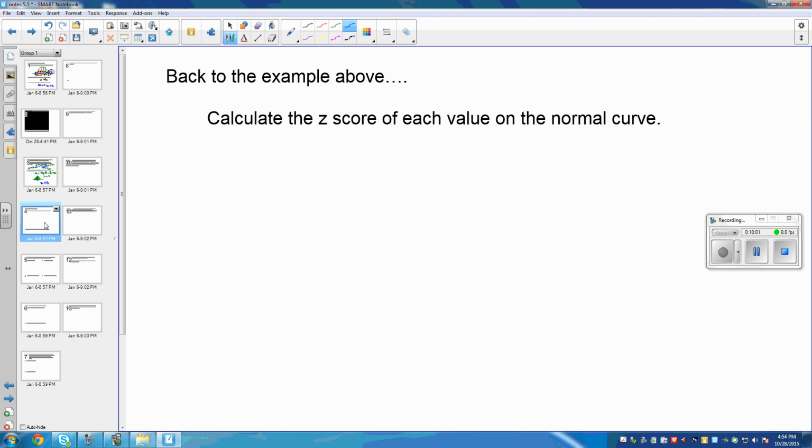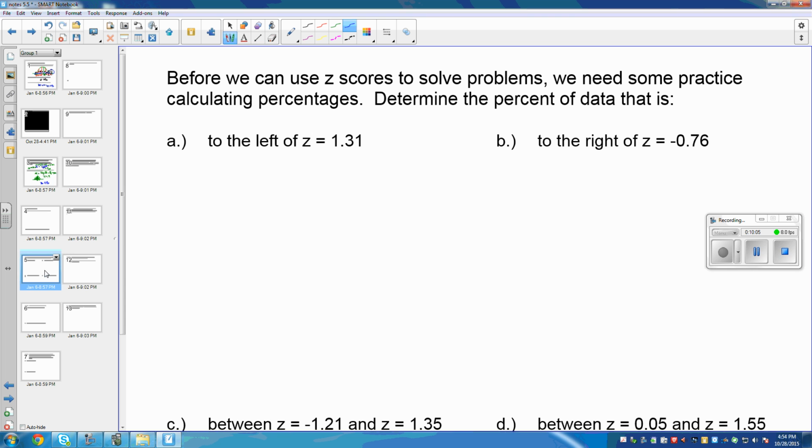Before we can use them, we need to practice calculating the percentage. So to the left is just the left on your paper. So if we have a z-score of 1.31, remember positive appears past the line, so 1.31 would be here, and to the left, that's all this stuff in here. Okay, so let's go look up 1.31. Okay, 1.31 is positive. I'll go to this side.